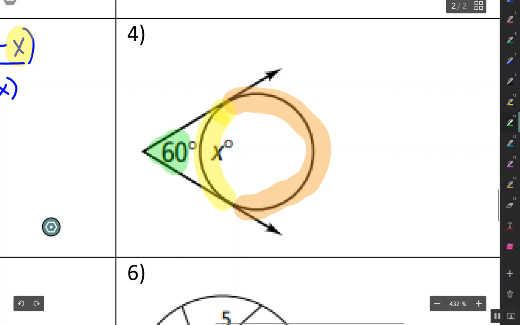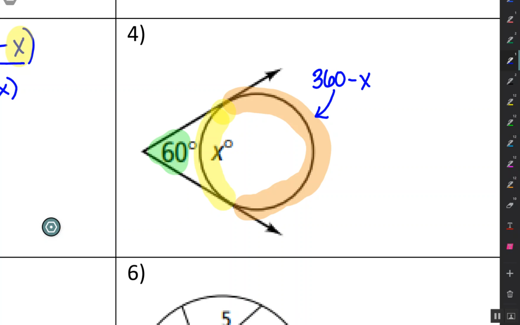Okay, so once again you run into this situation where you don't have something for the big arc, or maybe sometimes you don't have something for the little arc. Remember that the big arc and the little arc have to add up to 360 degrees. So if I subtract 360 minus x, that's going to be the orange arc, the big arc.